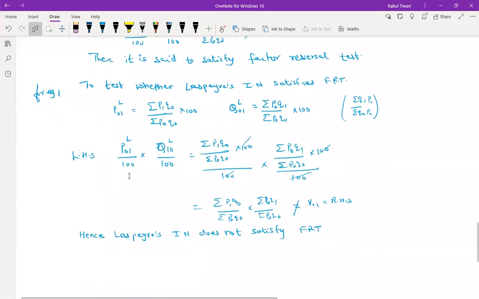So it's very simple. You have to write the formula for Laspeyres price index and for Laspeyres quantity index number. Okay.